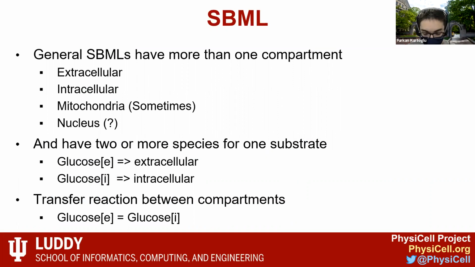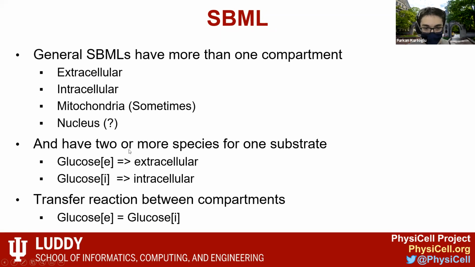So, one important thing in this PhysiCell context: SBMLs are one of the best ways to distribute those ordinary differential equation models. When you go to BioModels and download one of the curated ones, what you will mostly see is more than one compartment: extracellular, intracellular, mitochondria, maybe nucleus. This information is important in future.